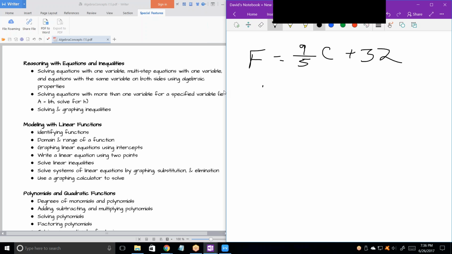Yeah, in other words, once you've subtracted 32 from both sides, what do you get? F minus 32 equals 9/5. That's what I want. When I say read the next line to me, that's exactly what I'm looking for. Now, what's the next step you're going to do to solve for C?